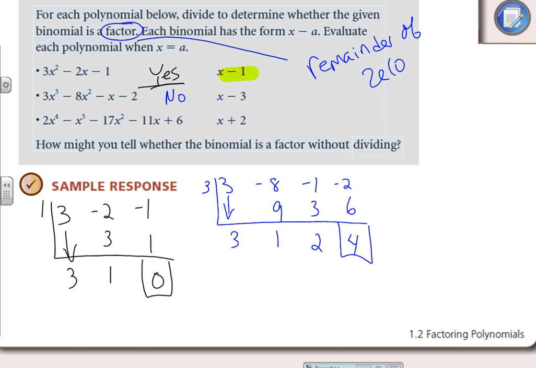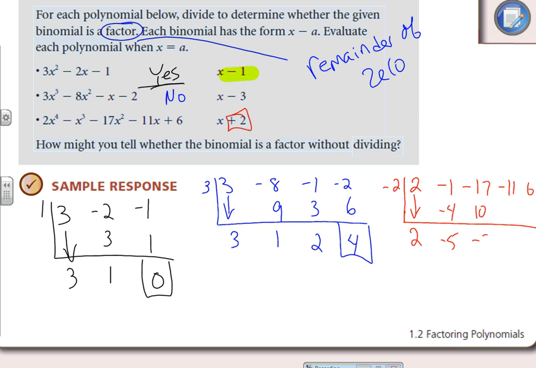Third one. 2, -1, -17, -11, 6. And because we've got x plus 2, I'm going to use the additive inverse, negative 2. Drop down the 2. Multiply, negative 4. Add, negative 5. Multiply, 10. Add, negative 7.